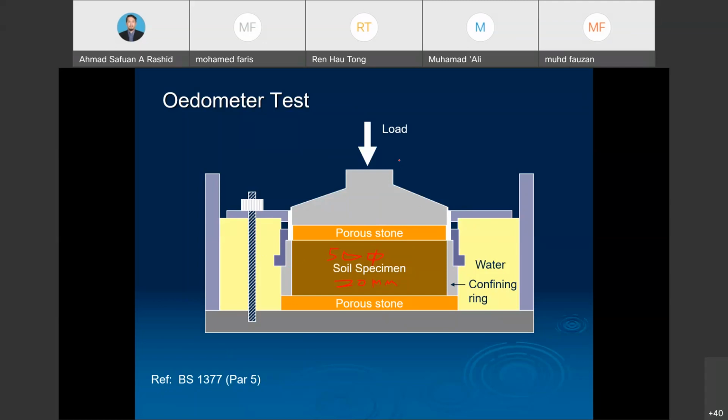That's why in some textbooks they call this the 1D consolidation test, because deformation only occurs in one direction. So this is the setup for the sample, and how to put the sample in this oedometer setup.